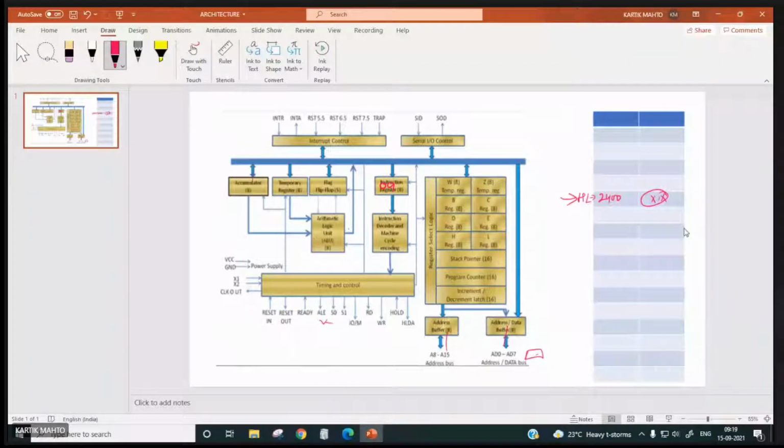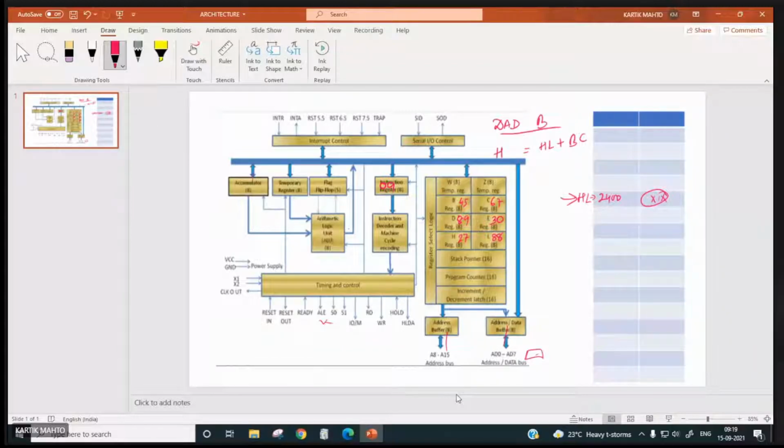DE is say, this is say 4, 5, this is 6, 7, this is 8, 9, this is 3, 0, this is 2, 7, this is 8, 8. DAD B will add the BC pair to the HL pair, and the result will be stored where?